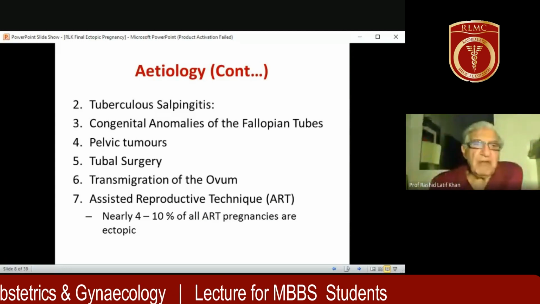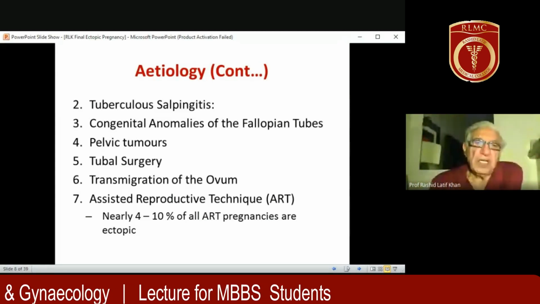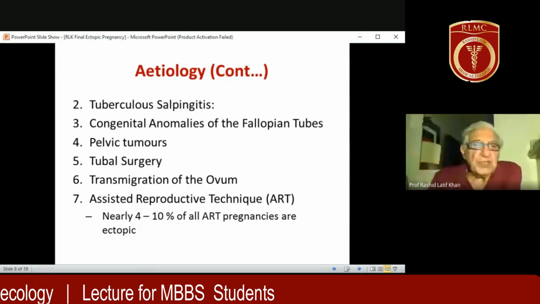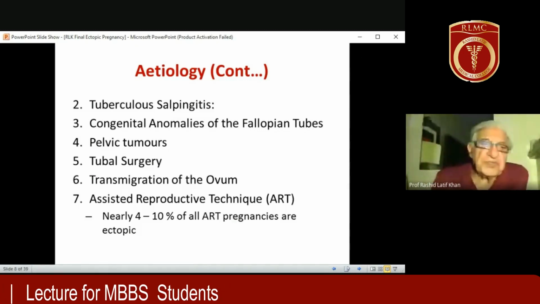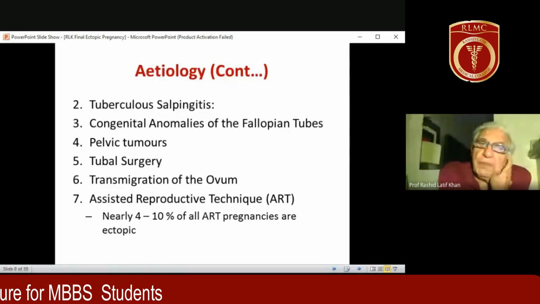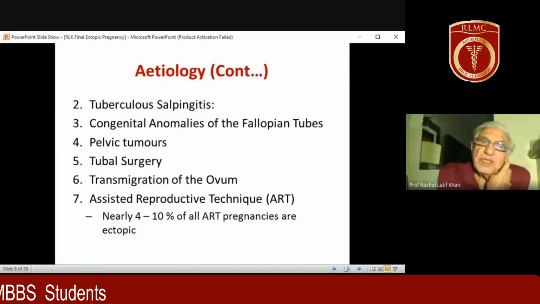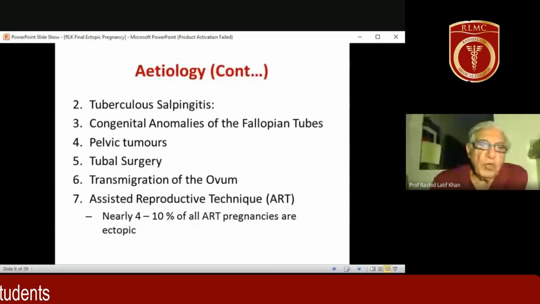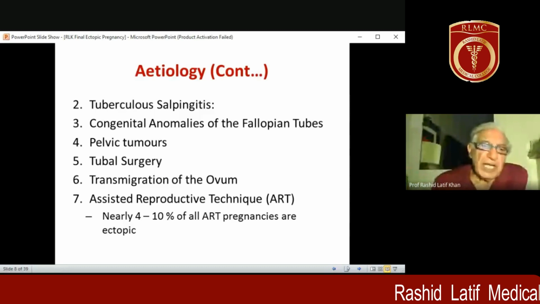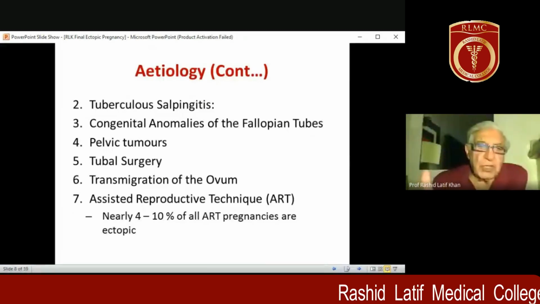If there are pelvic tumors like a large fibroid, that fallopian tube will be stretched over that, and that stretching will mean longer passage and narrower passage for the embryo. So again, tubal surgery means scarring of the tube, and whenever they scar, the cilia will not act so strongly and push.